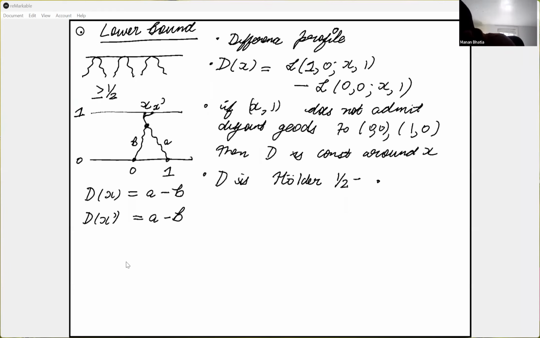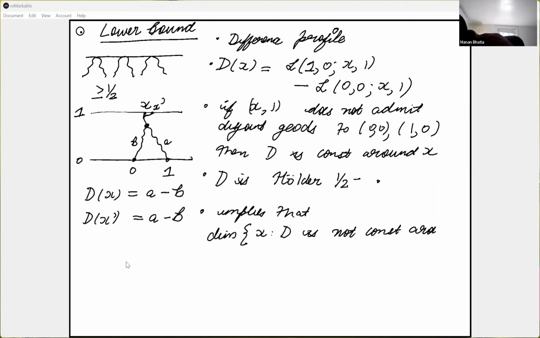So now what I want to say is that this directly implies that the dimension of the set of x such that d is not constant around x should be at least 1/2.